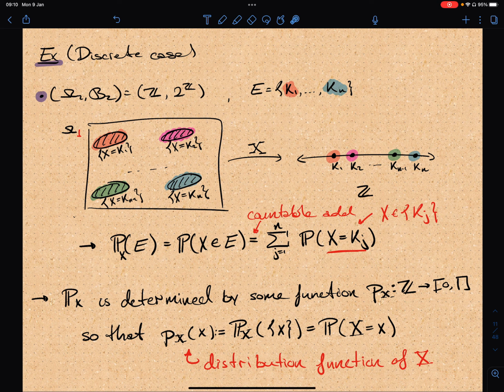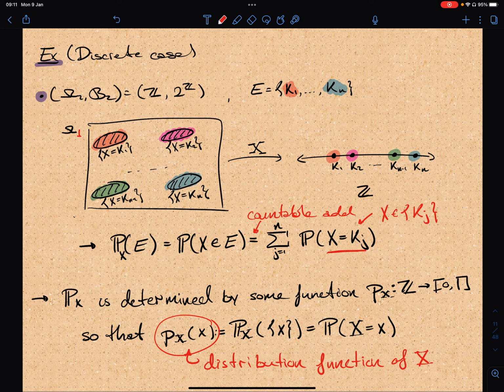The way that p sub X is defined is that it's the value of the induced probability function of the distribution at a single element x, so the probability that X is equal to x. This will be our distribution function for X in the discrete case.